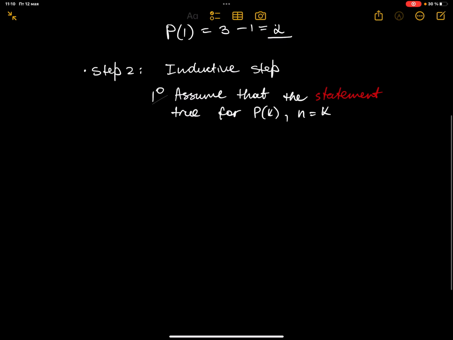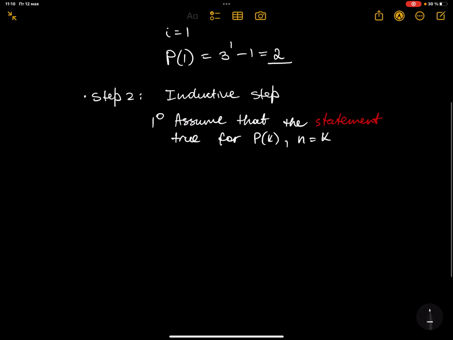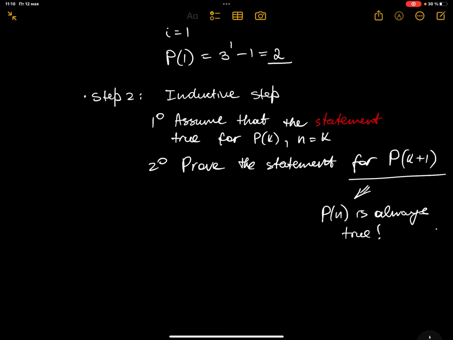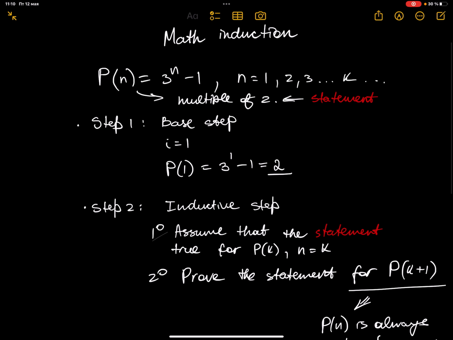Then you prove the statement for Pk plus 1. When you prove it, you prove that Pn is always a multiple of 2, always true. So this is very simple. Firstly, in the base step, you prove the statement for the initial case.